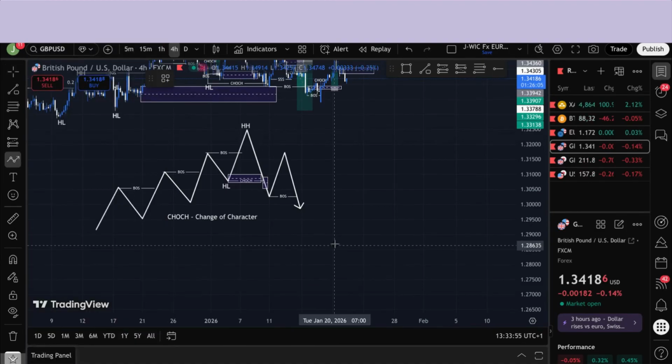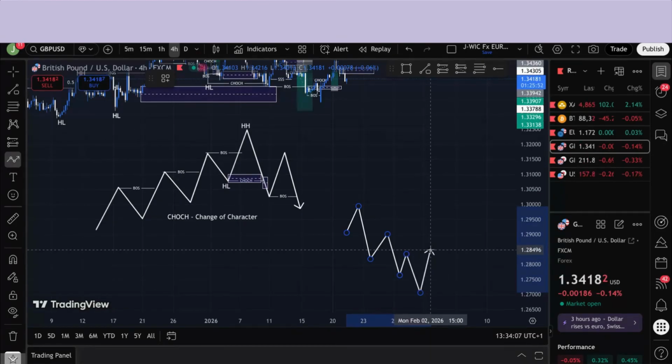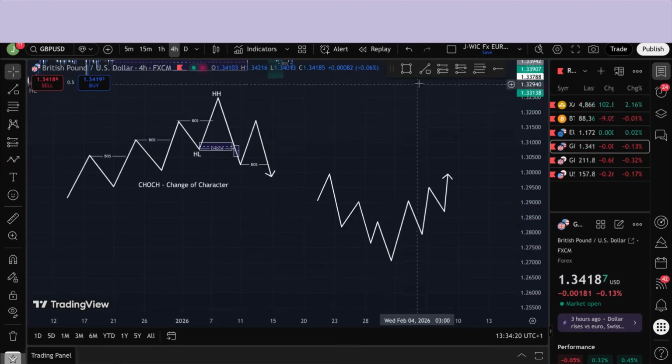You have lower high, lower low, lower high, lower low, lower high, lower low. Then instead of the market tapping into the zone and continuing the trend, a bullish candle, whatever candle, breaks above that lower high, now forming a new change of character to the upside. It's as simple as that.